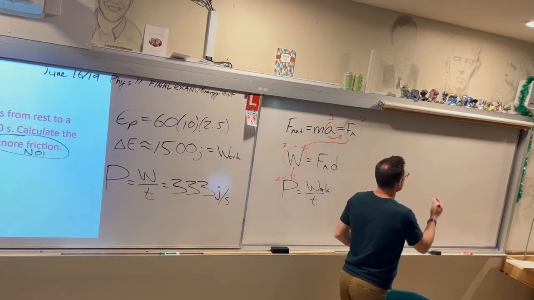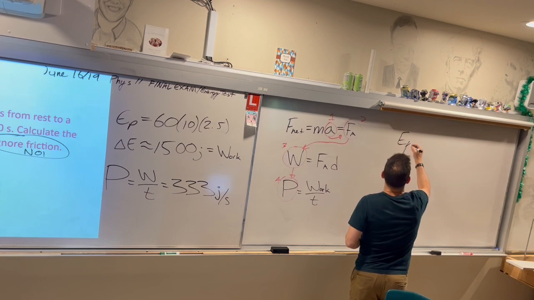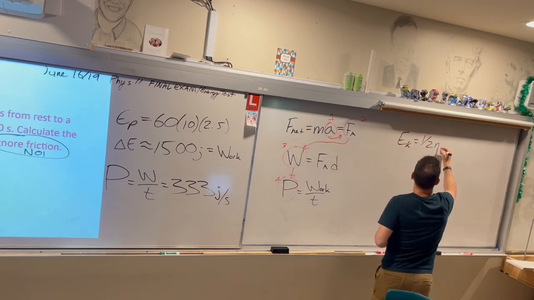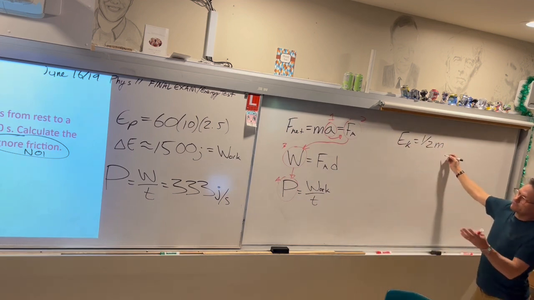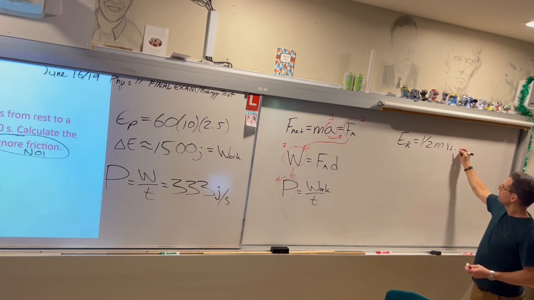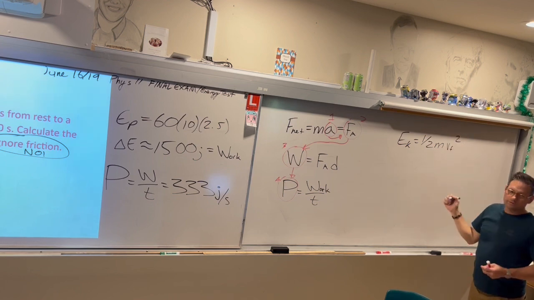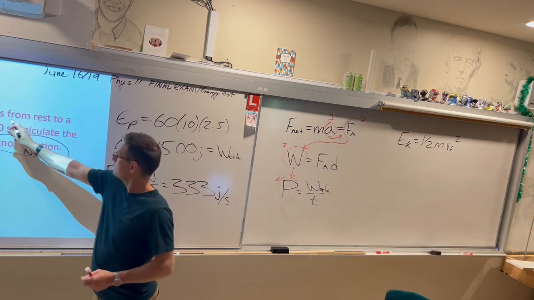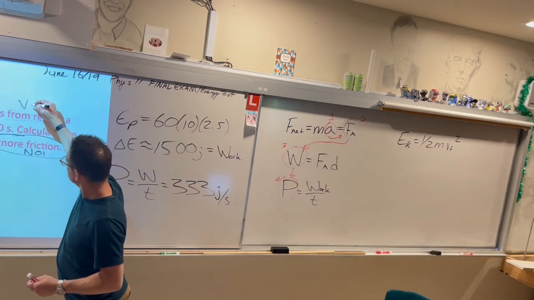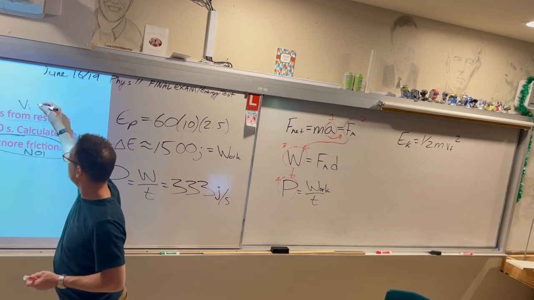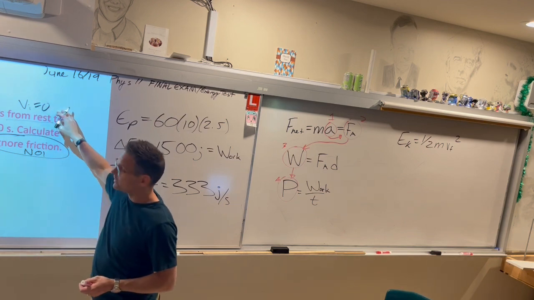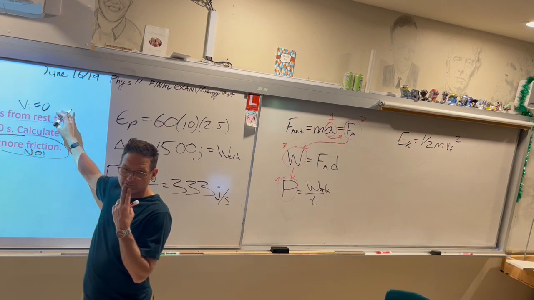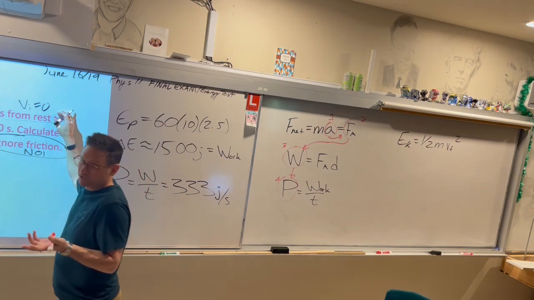We know the mass, right? And we know the VF. We don't need to find the VI, it says from rest. So you're right, we do have to know the VI, but the VI is 0. So what's the EK at the beginning? It's going to be 0, it's not moving.